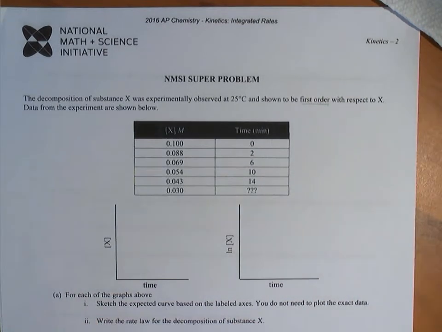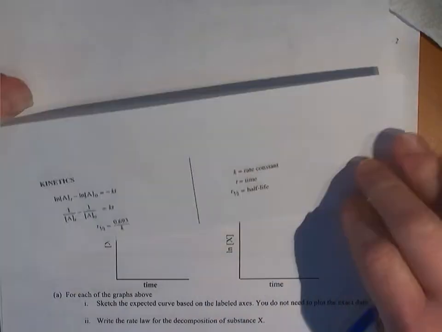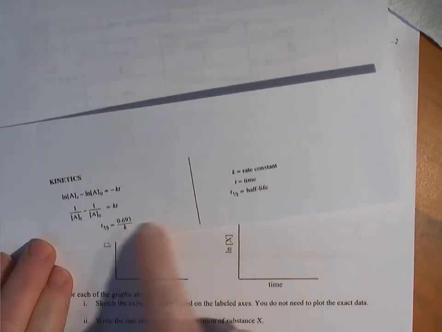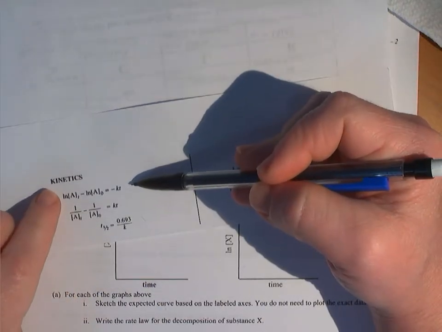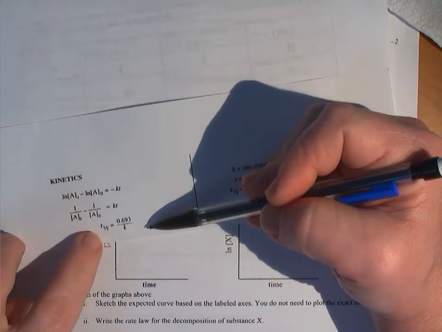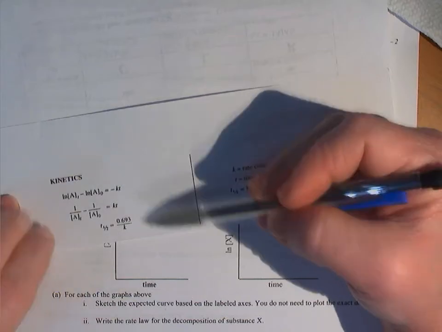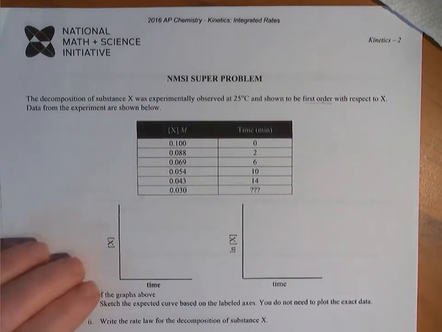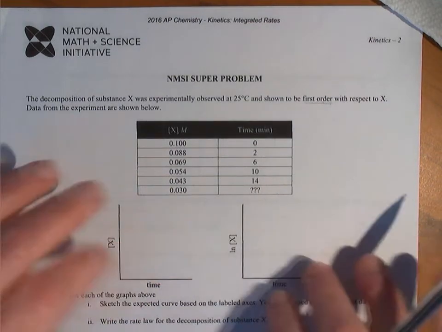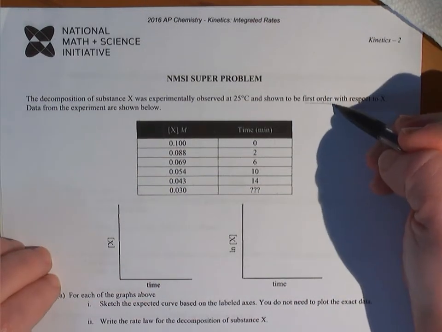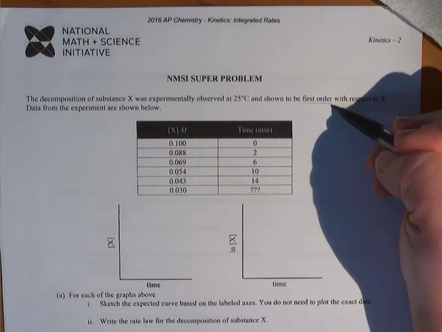So now remember, we are given these equations, but it doesn't say this is first order, this is second, this is half-life for first. So make sure that you know that. Make sure you also know the graphs that we would generate if asked to reflect an order that we're told or that we ourselves found.